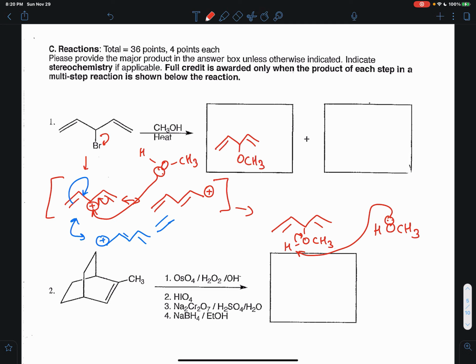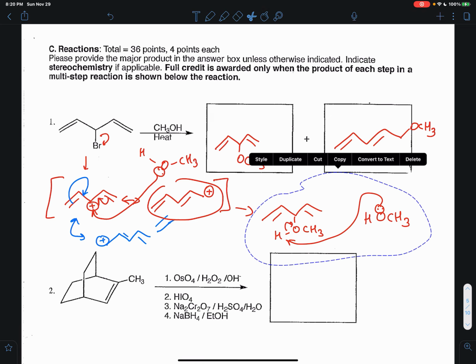Now for the other product, I'm going to form the same thing, but this time the OCH3 would be at the end, so it will be for this one. So it looks something like that, OCH3, and there's a double bond here and a double bond right here. Wait, no, double bond here and double bond right here. Pretty straightforward, just normal SN1 from earlier this semester.